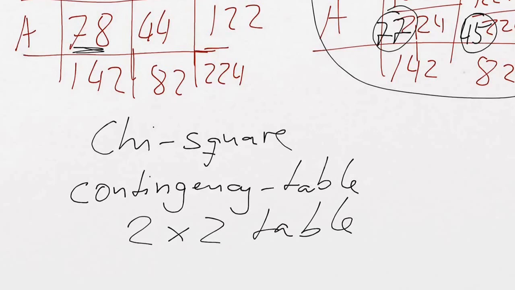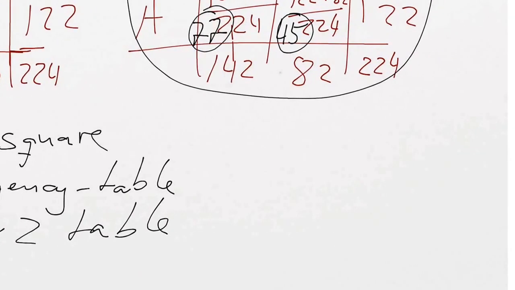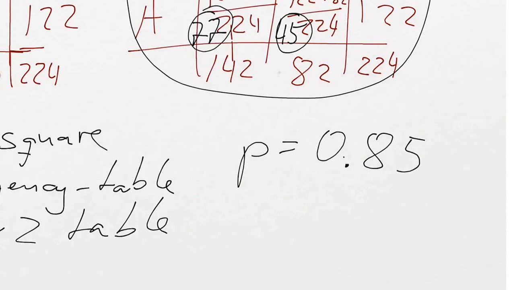Now, I've done this calculation, and I got a p-value of 0.85 with an alpha of 0.05. What does this tell you?